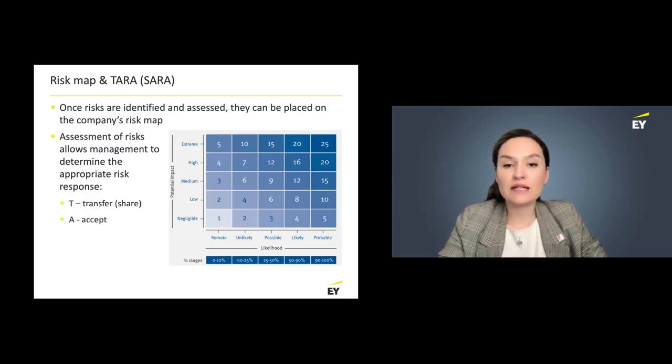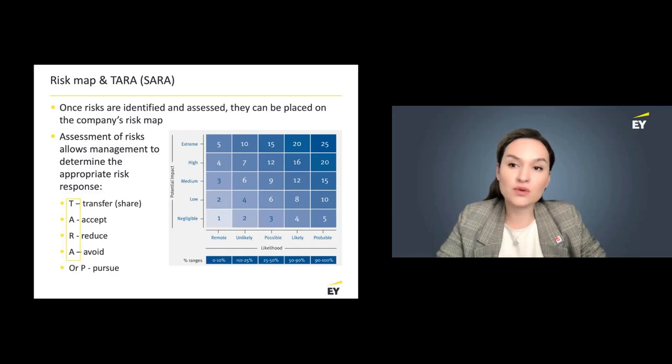Once we have identified and assessed the risks and placed them on the risk map, we can then develop appropriate risk management techniques. We can use the TARA or SARA framework that can help us come up with ideas as to how to minimize the risk to an acceptably low level. T relates to transfer to a third party or share the risk with someone else. A, accept.